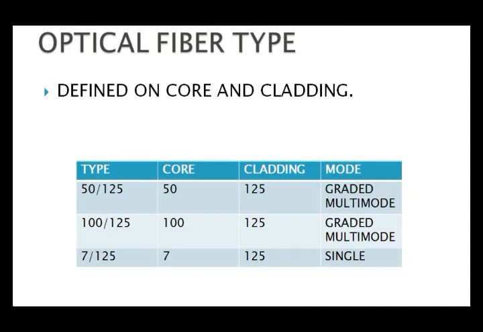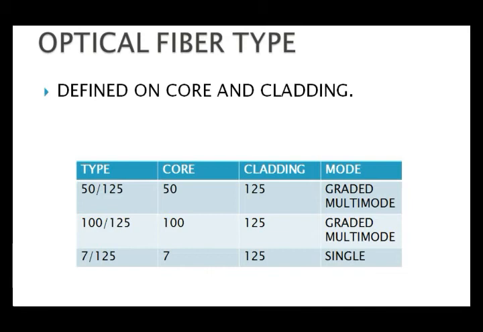Here first and second both have mode multimode graded index. Now let us see the third type. If we take third type as 7 by 125 and it is of single mode where 7 is the radius of the core and also it is very less. So the core will be 7 and the cladding will be 125.